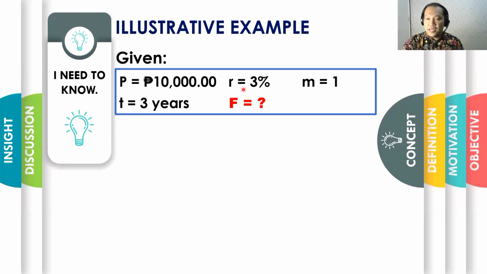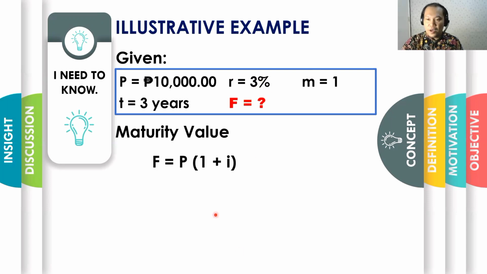As always, the r, which is 3%, should be expressed as a decimal, and this is 0.03. Okay, and we have our formula. We have F is equal to P times the quantity 1 plus i raised to the power of n.